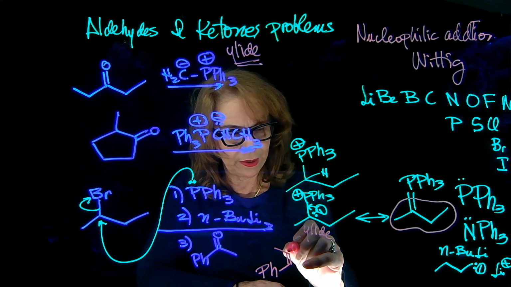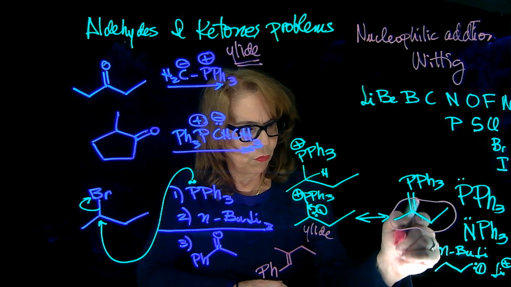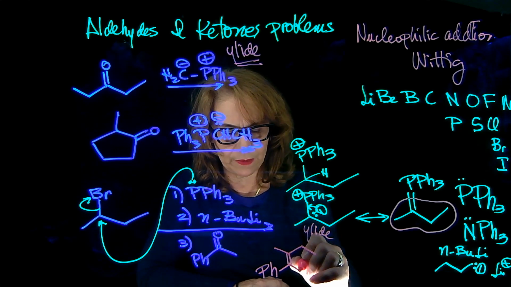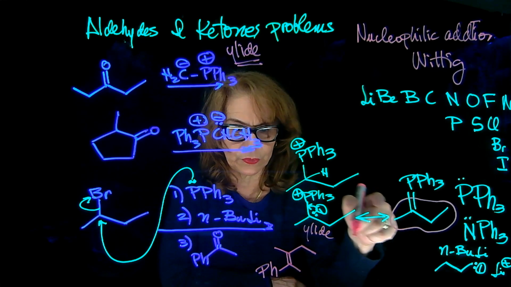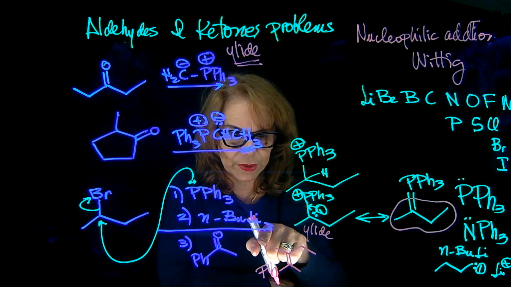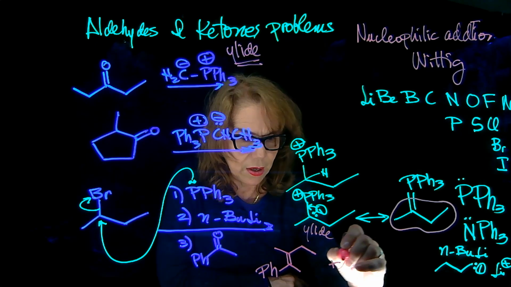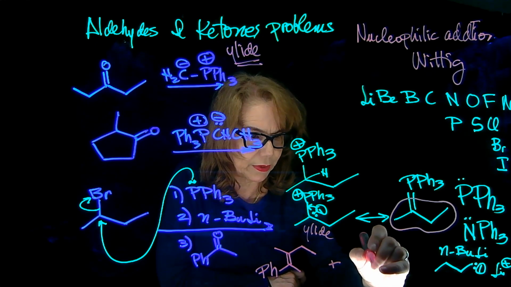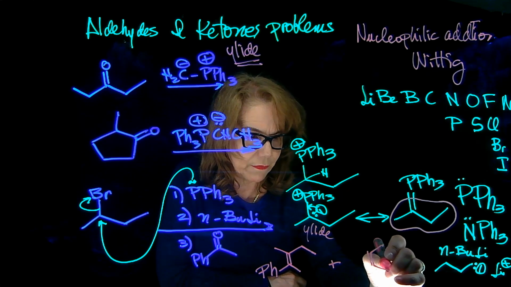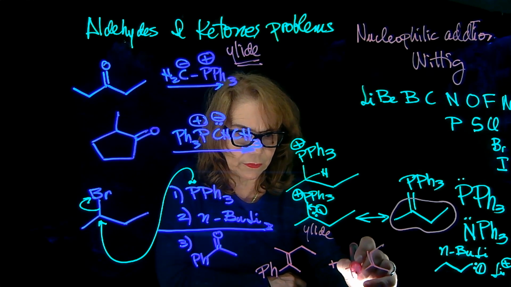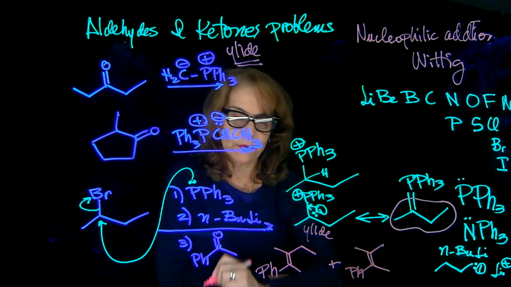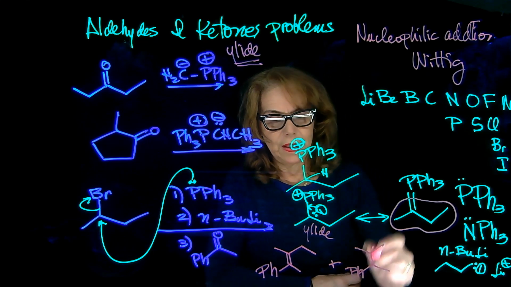So I can have 1, 2 carbons, and here that. That's one possible product. I did the CH3 on the side, but I also have another possible compound, with the two methyls like this. So these are the isomers.